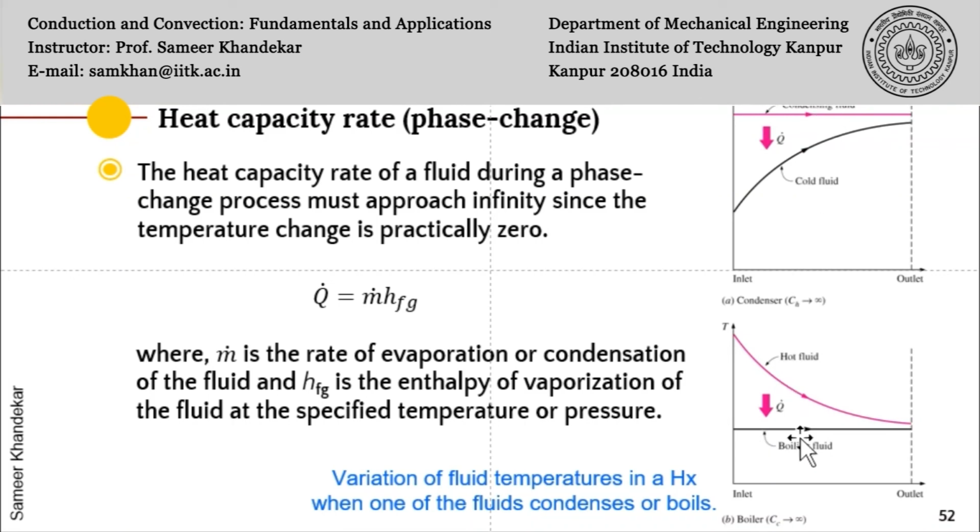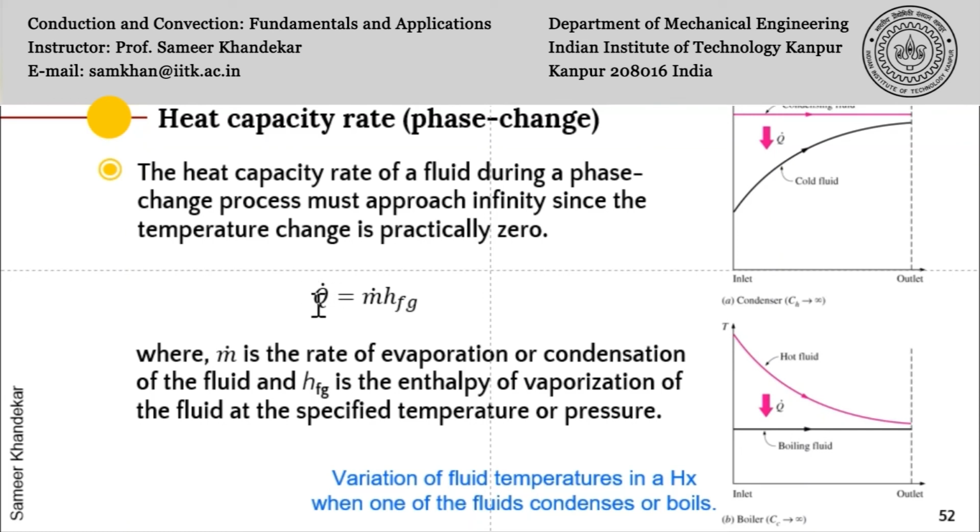Similarly in a boiling liquid also, the hot fluid is undergoing sensible heat transfer. It can be air, for example, and water can boil because hot air is passing over it, and water will start boiling at a constant temperature, and therefore the heat capacity rate of the boiling water will tend to be, theoretically, infinity, because the delta T is zero.